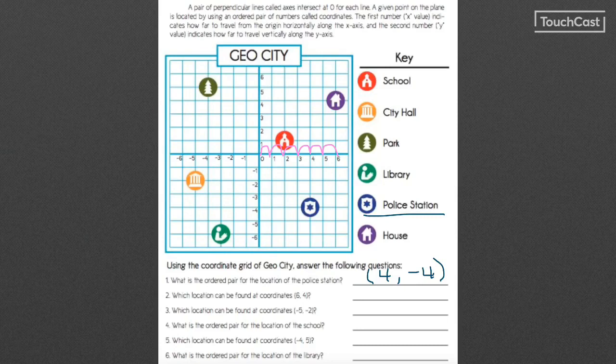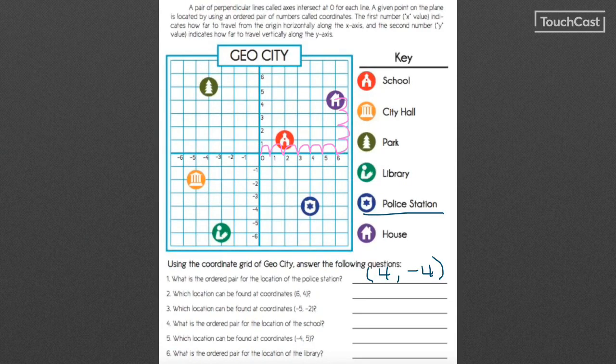We have the school, which is the red symbol, or the house, which is the purple symbol. If I move over 6 spaces on the x-axis, or 6 spaces to the right, which place does it look like I'm going to end up at? When I move 4 spaces up, I end up at the house. So hopefully you figured out that the house is located at 6, 4.